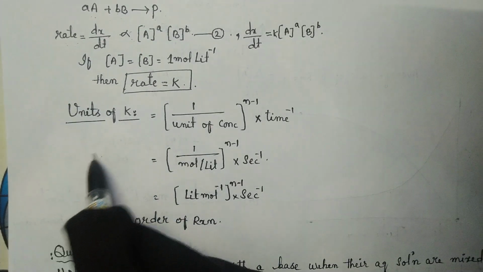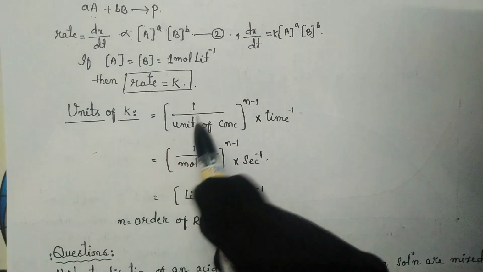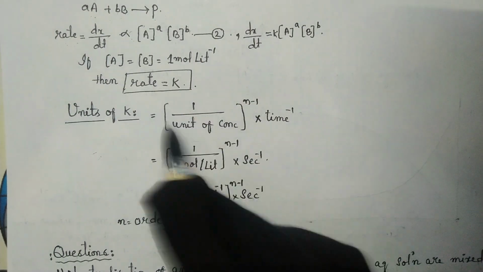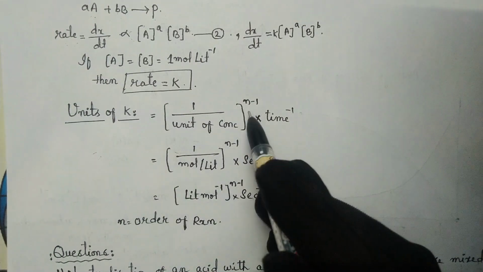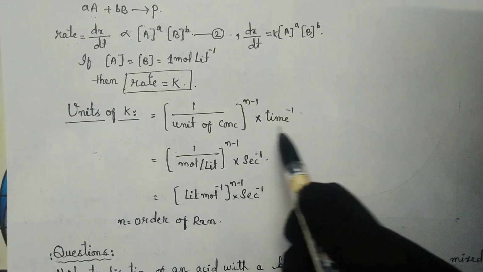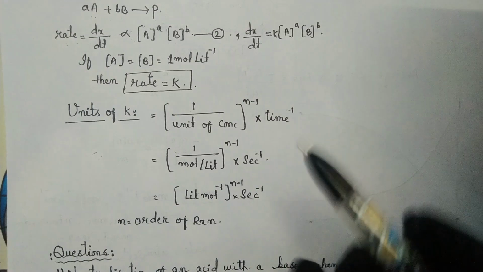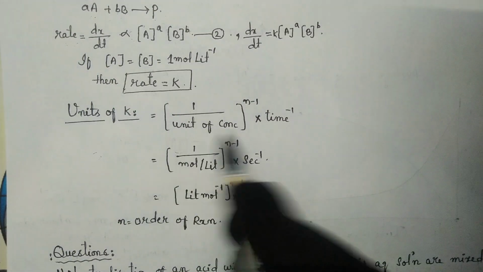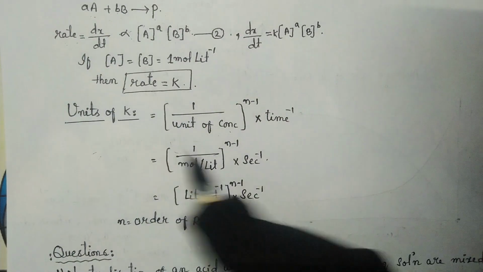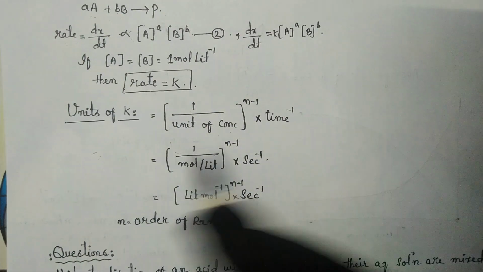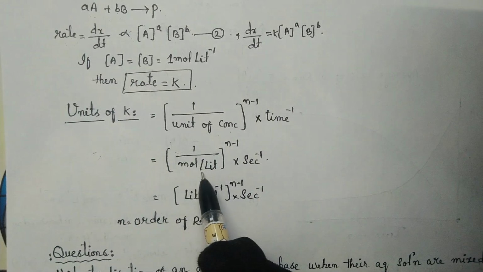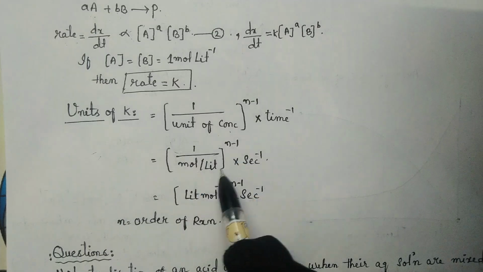Now units of K. What are the units of K? Units of K is equal to 1 by unit of concentration to the power n minus 1 into per time. In place of time we can write seconds, minutes, year, month, etc. Unit of concentration means moles per liter.